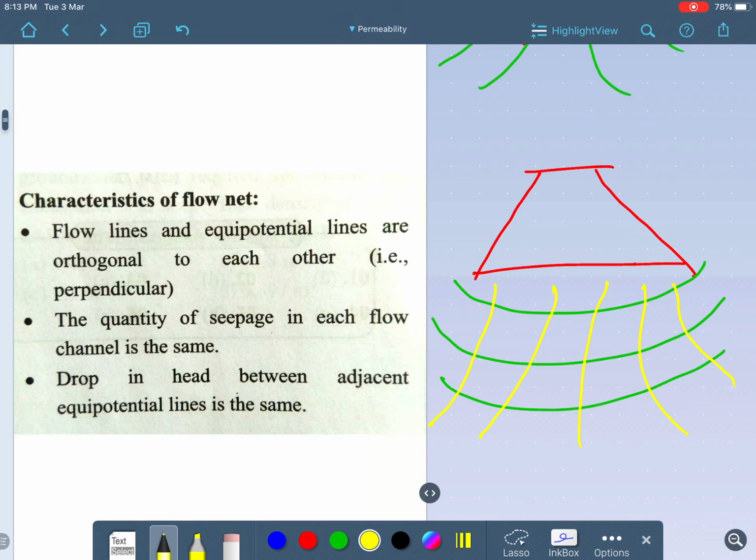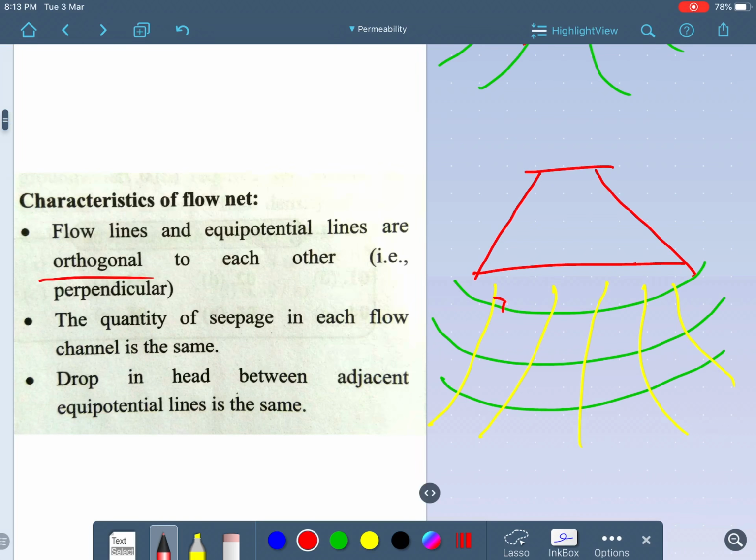The green line which I have drawn here is a flow line, and the yellow line indicates equipotential lines. Always these two are drawn in such a way that they are perpendicular to each other, nothing but orthogonal to each other. The quantity of seepage in each flow channel is the same.